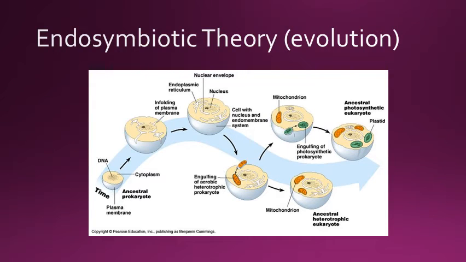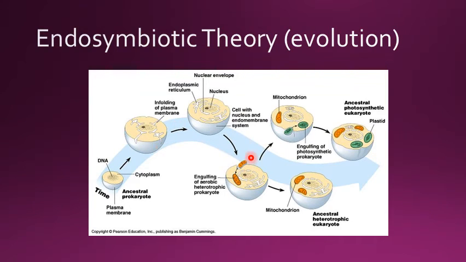So endosymbiotic theory is the theory that both mitochondria and a plastid like chloroplast were once individual cells that had a symbiotic sort of relationship with these eukaryotic cells.